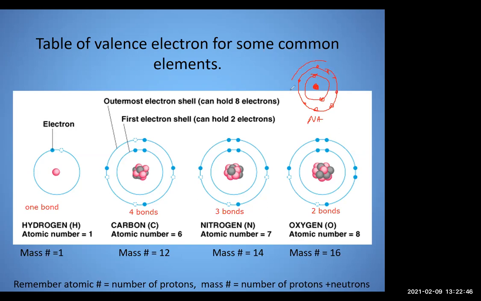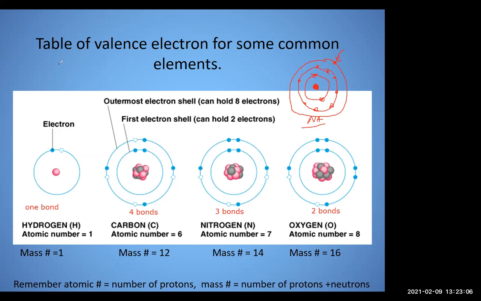And then it has another shell, and it's got only 1 in that outer shell. So that makes sodium extremely reactive because it's got this 1 extra electron. So rather than try to get 7 more electrons, sodium wants to give that electron away.